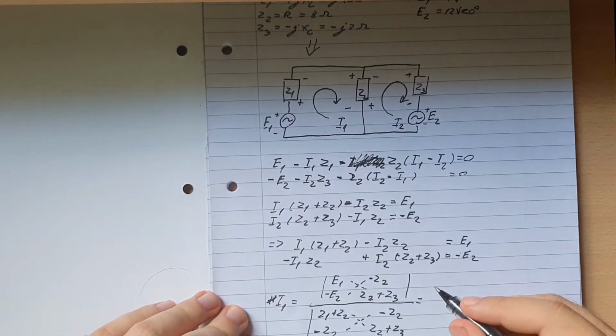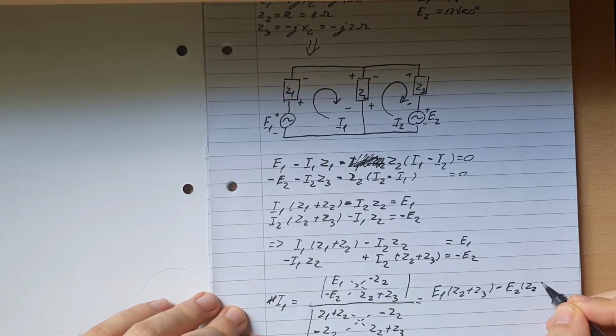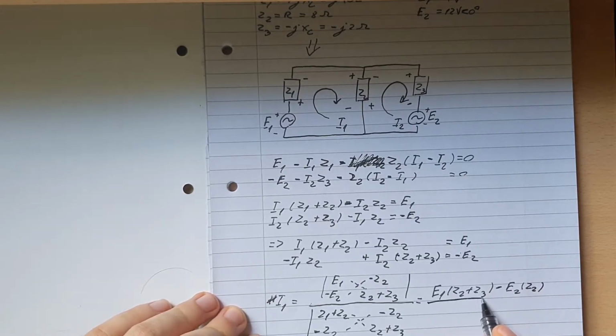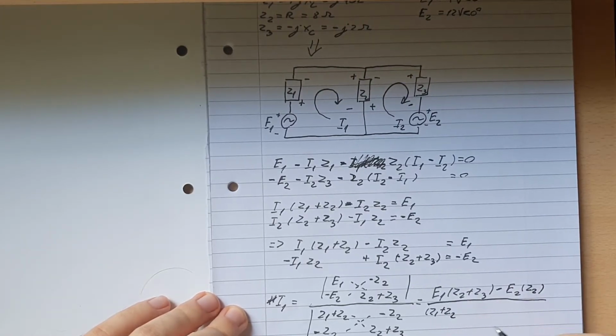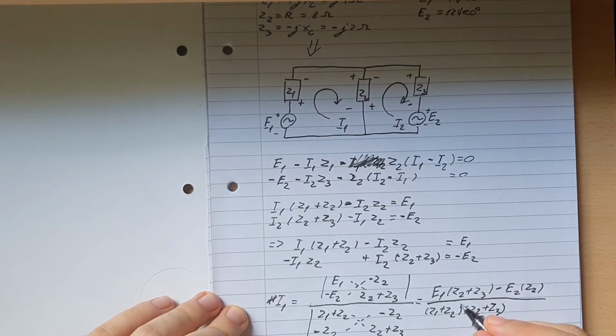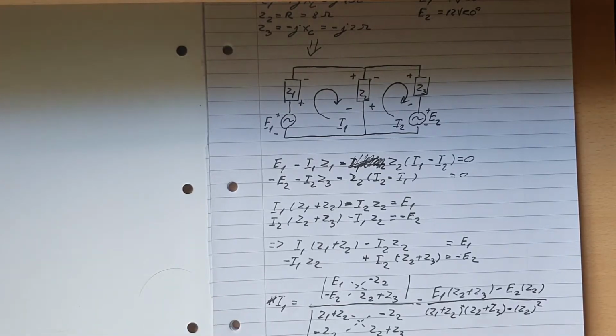We can rewrite them as E1 (Z2 plus Z3) minus E2 Z2 over (Z1 plus Z2)(Z2 plus Z3). If it's not obvious, we multiply them together, minus Z2 squared, because Z2 multiplied by Z2 simply gives us Z2 squared.